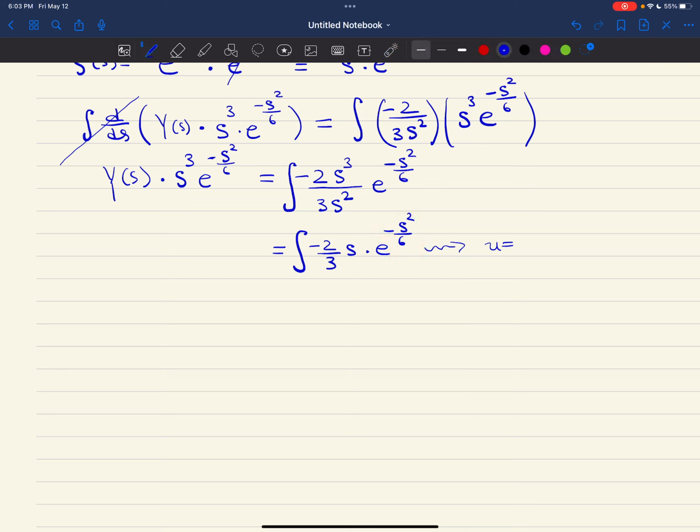So if you think about it, we have u equals negative s squared divided by 6, right? And then du will just be negative 2s divided by 6, ds, right? If you flip it upside down, you would get something like negative 6 over negative 2s du equals ds, right?